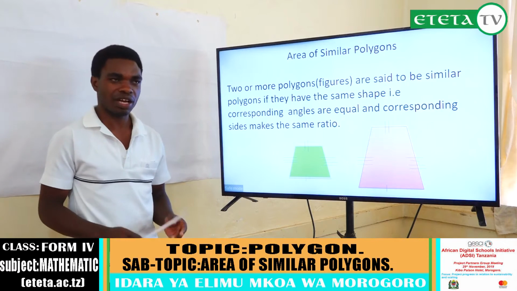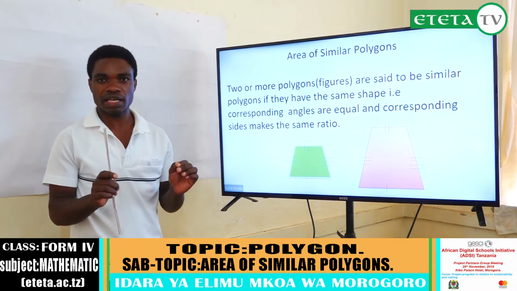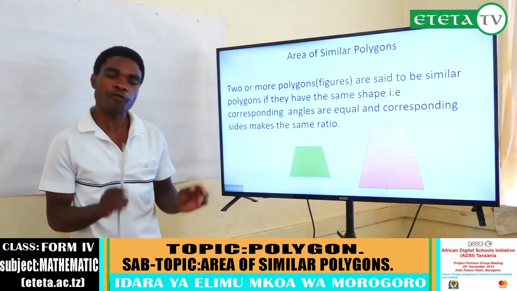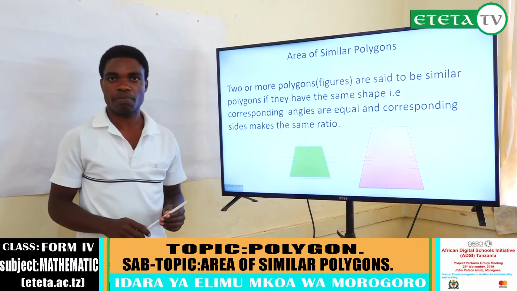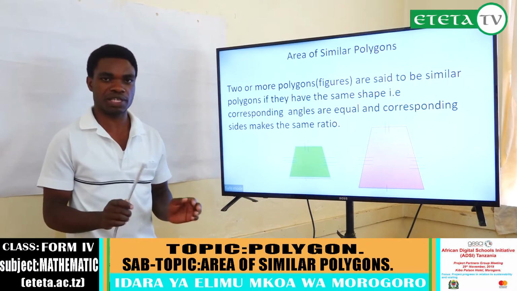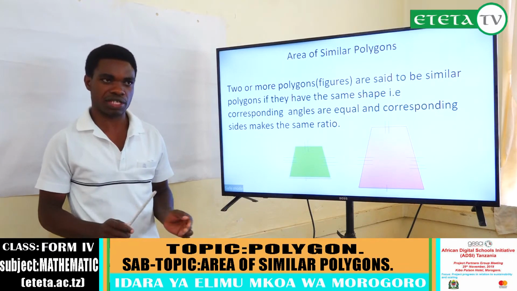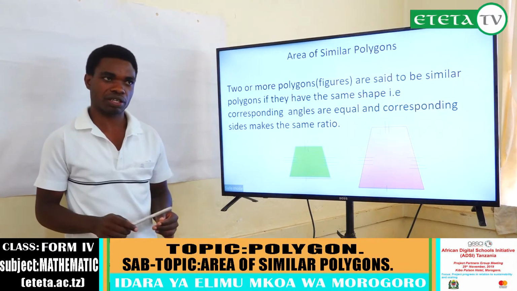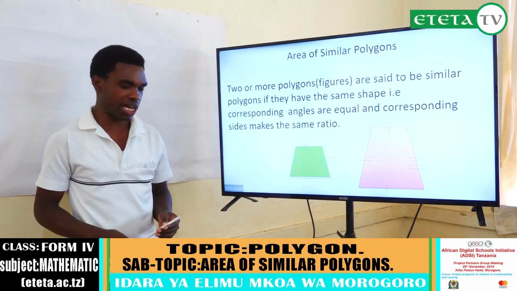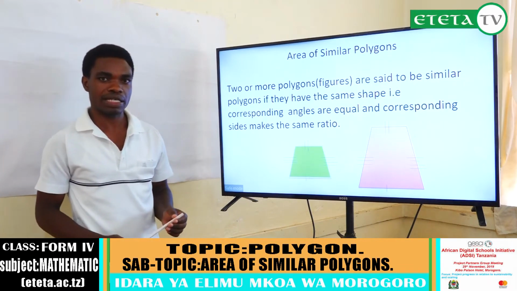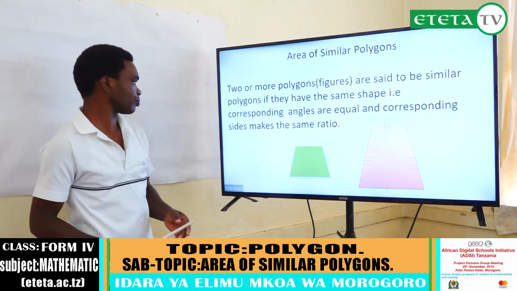But again, we expect that the ratio of corresponding sides must be constant. If we take the ratio of corresponding sides, side by side, we find that the ratio is constant.